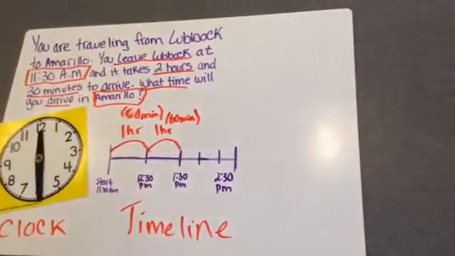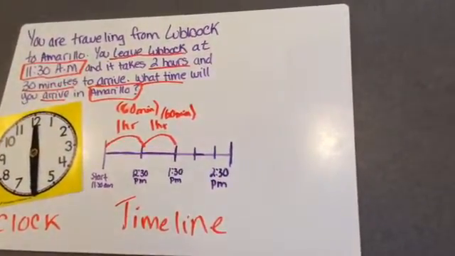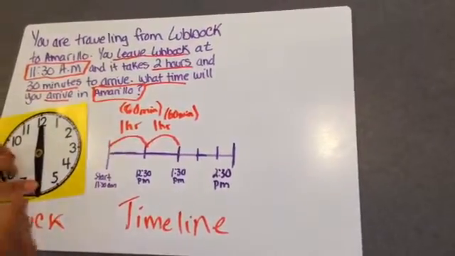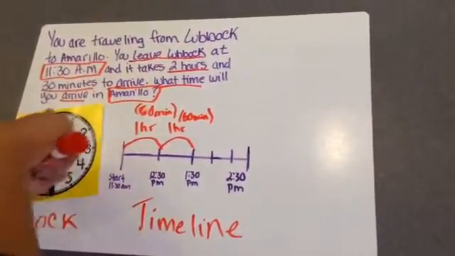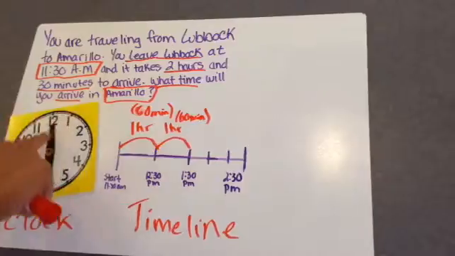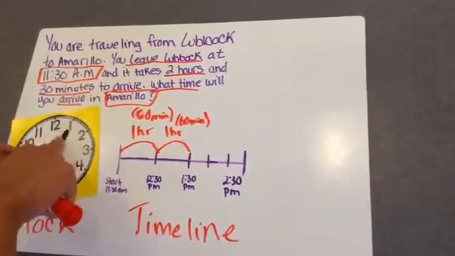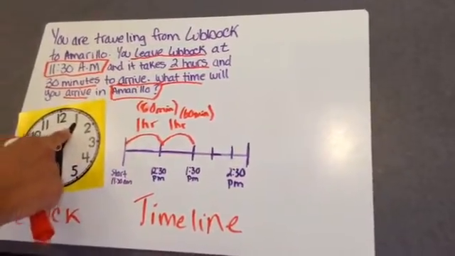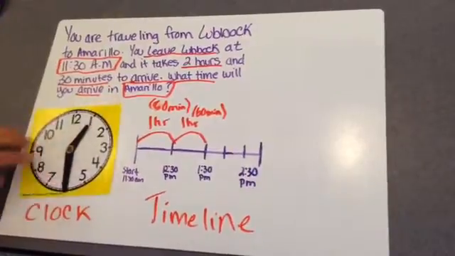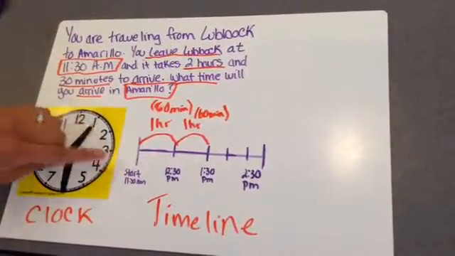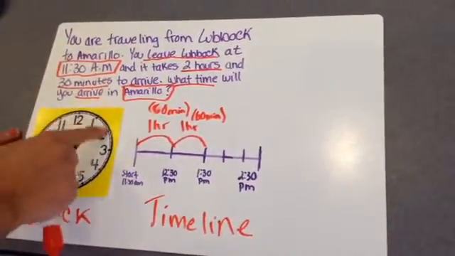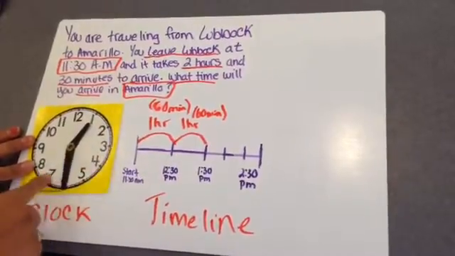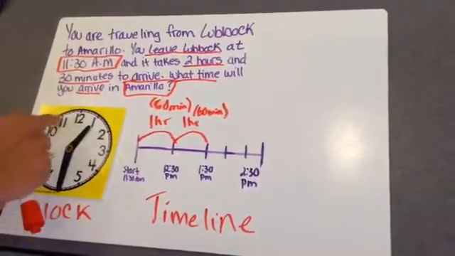Okay, so let's look at our clock now. We're at 30 minutes still, and you're going to go all the way around to 1 hour, and that's going to equal 1:30, right? Because each hour is 60 minutes. We have 5, 10, 15, 20, 25, 30, 35, 40, 45, 50, 55, 60.